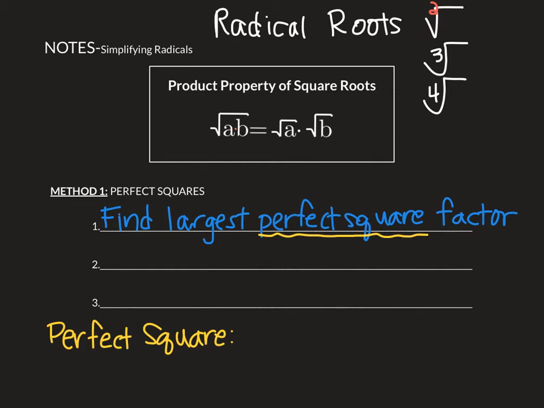So for example, 1 is a perfect square because 1 times 1 is 1. I'm going to write 1 times 1 so you can see it. 4 is a perfect square because 2 times 2 is 4. 9 is a perfect square because 3 times 3 is 9. 16 is a perfect square because 4 times 4 is 16. And 25 is a perfect square because 5 times 5 gives me 25.